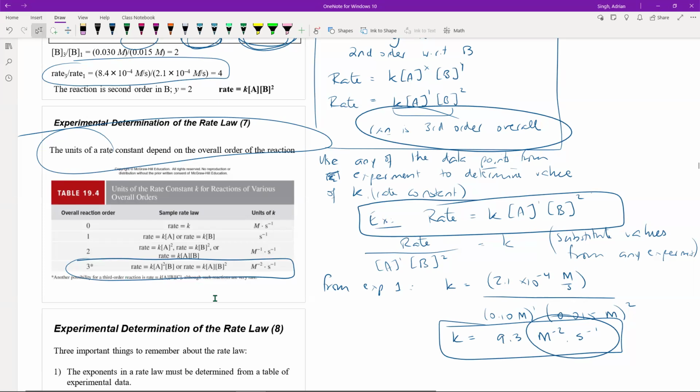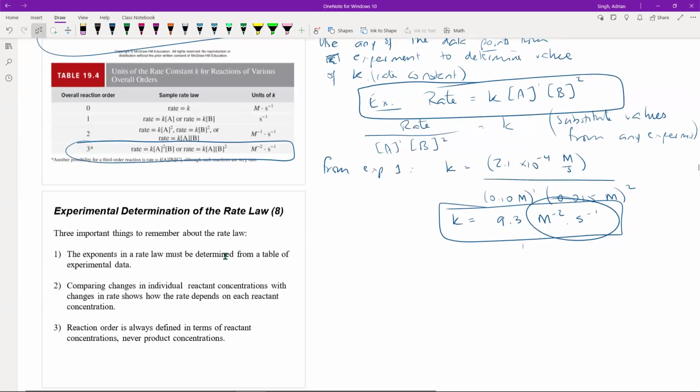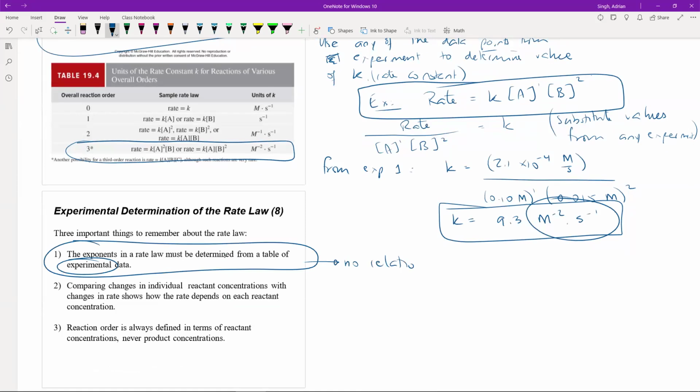A few things, three important things to note about the rate law that we mentioned at the beginning, but you always want to keep in mind. We said that the exponents in the rate law you have to determine experimentally. There's no relationship between the exponents and the coefficients in the balanced equation. You have to actually go through the math and use the experimental data to solve for the exponents.